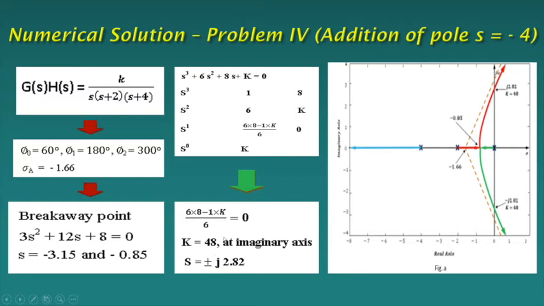If we put k equal to 48, then we get s equal to plus minus j 2.82. That means at that point k equal to 48, and this is s equal to minus j 2.82 and this is s equal to plus j 2.82. If the location of poles changes, then the value of gain k also changes. And the root locus is unstable if k is increased.